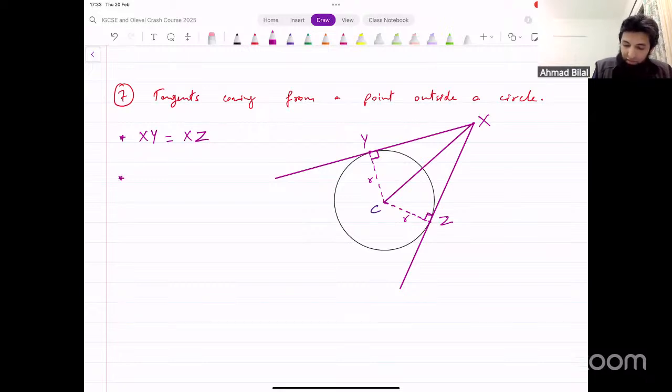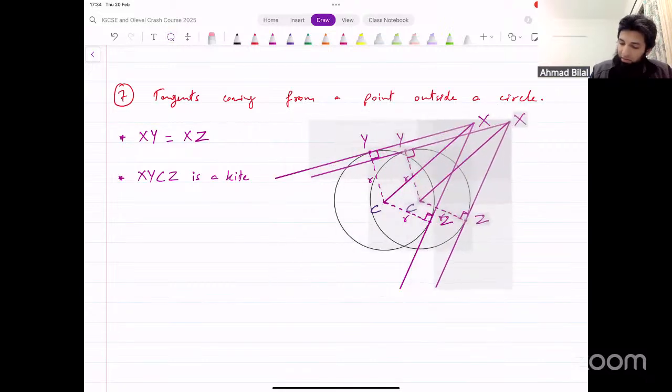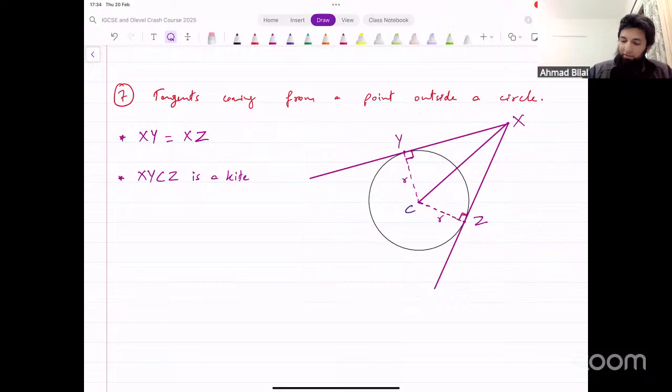Let me write that down here. X, Y, C, Z, this is always going to be a kite. Now, if you have a kite like this and you divide it in the middle like this, you always get two congruent triangles.